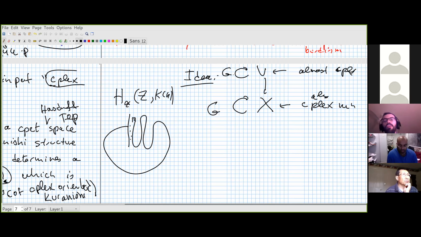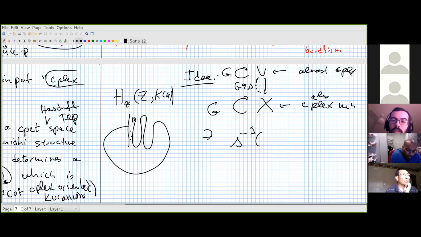Okay, and you have one more piece of information because you want to say you have a Kuranishi structure on a space Z, and you should imagine it's like some kind of thickening. So you have also a section, which is G equivariant, such that S inverse of 0 mod G is isomorphic to Z. So this is what I mean.